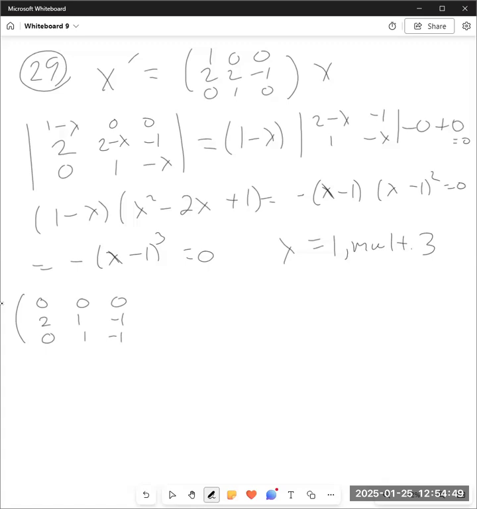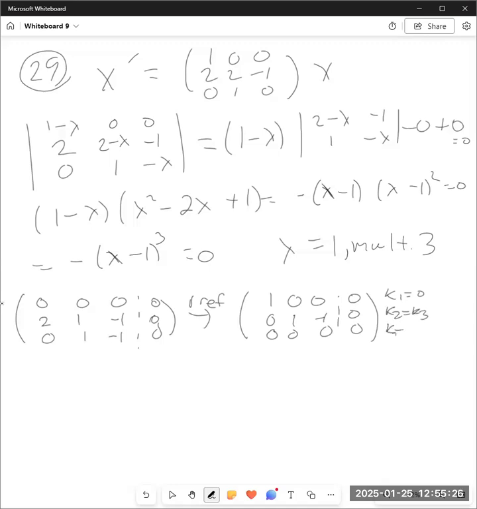So when we REF this homogeneous system here, we get 1, 0, 0, 0, 0, 1, negative 1, 0, 0, 0, which tells me that K1 equals 0, K2 equals K3, K3 is equal to T, making my K equal to 0, 1, 1.